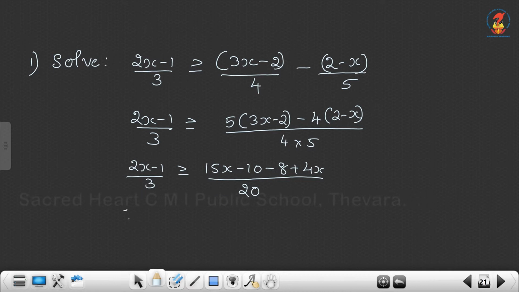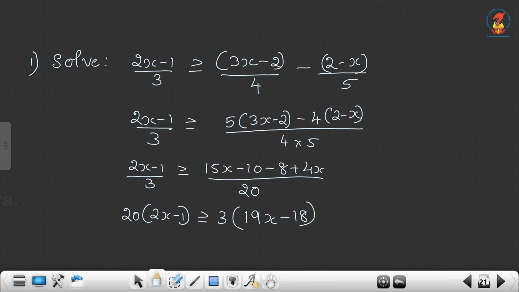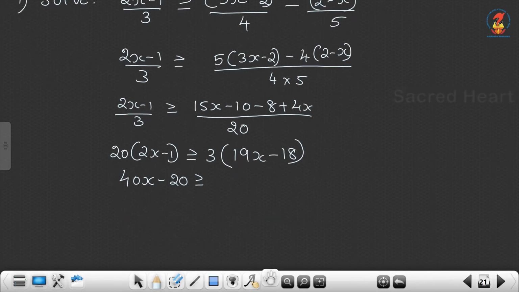We can cross multiply: 20 into (2x − 1) ≥ 3 into, simplify, 15x plus 4x is equal to 19x − 18. Now again multiply: 40x − 20 ≥ 19 into 3, that is 57x − 54.